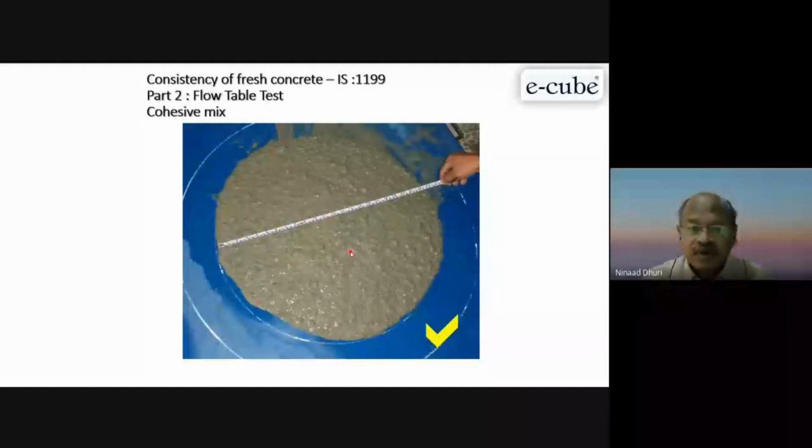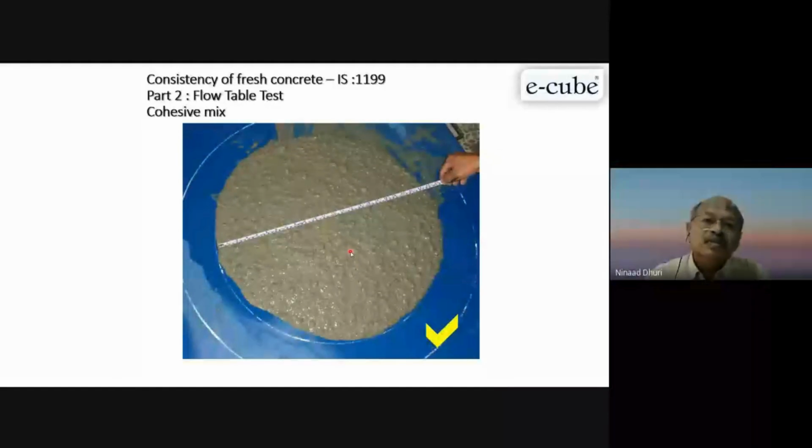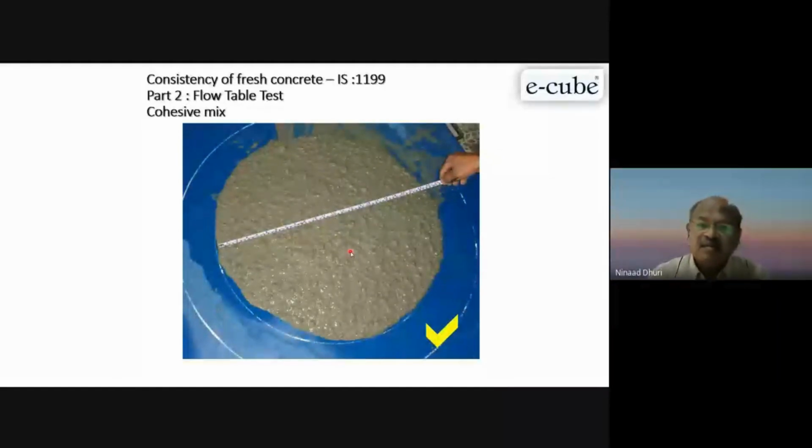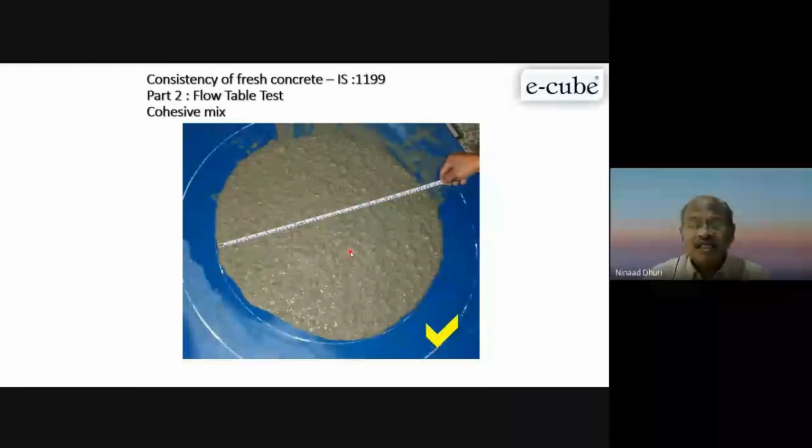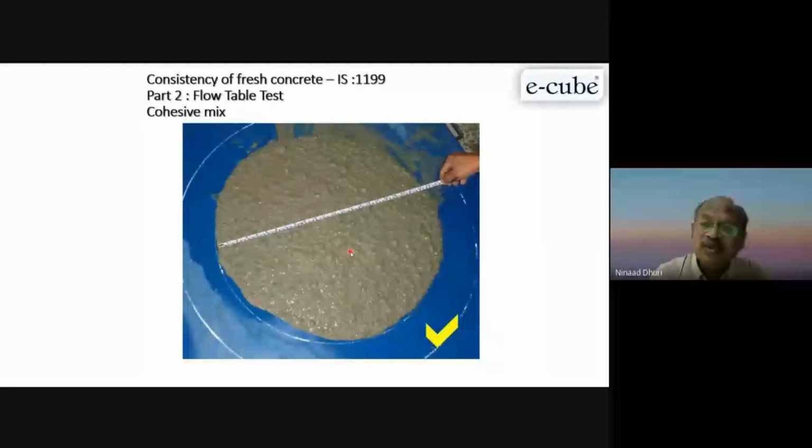So this is very important. You must study the flow test and slump test, compare, see the difference, and depending on your application, ask the RMC supplier to provide concrete as per your requirement. Now this flow we are talking about is at your placing point.